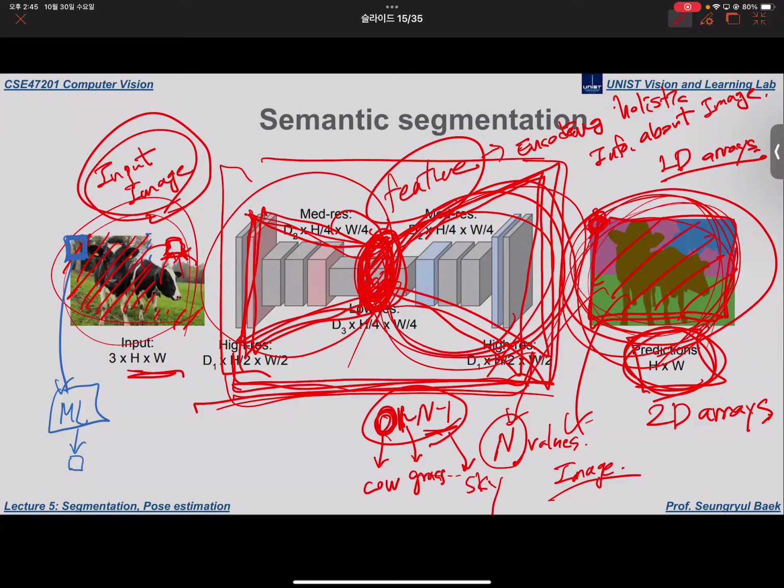So this map encodes discrete integer values from 0 to n minus 1, where n denotes the number of classes. Are you guys following this? If there are 20 classes, then this map will have values from 0 to 19. So this is how the map is composed.